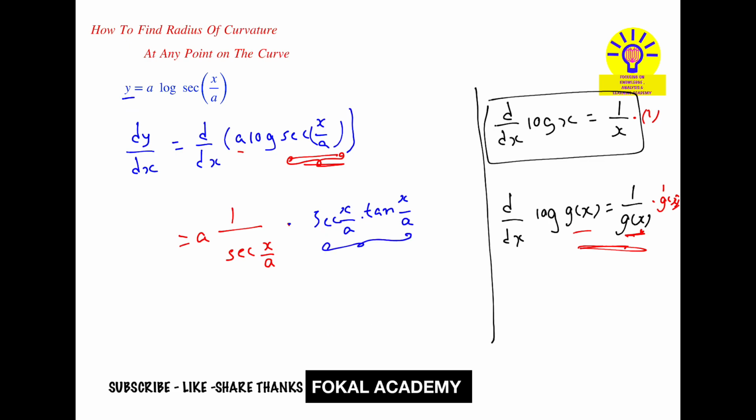Again it is a function of x, that is, x by a is there. So now derivate x by a, we will get 1 by a. So this is the chain rule of derivative. Now here a cancels, secant of x by a and secant of x by a cancel. The final one is only tan of x by a. So this is the derivative of y, that is dy by dx.